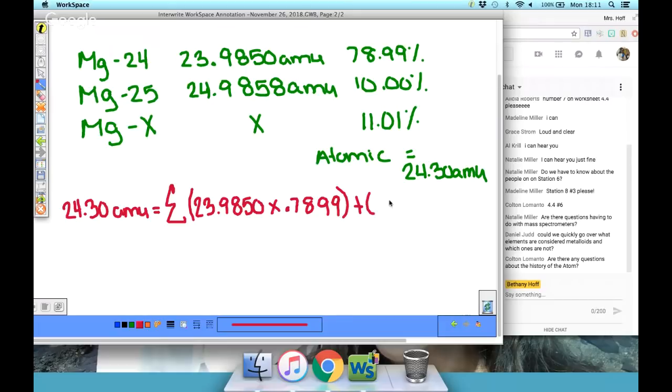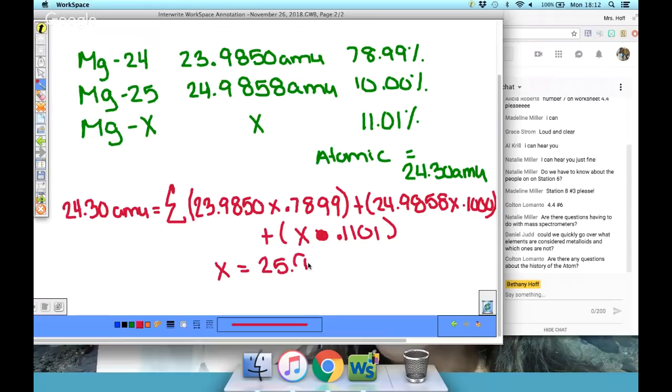We're going to add that to 24.9858 times 0.1000. And then, of course, we're going to add that to our x times, I guess I should do a dot for that one so we don't confuse my x and my times, 0.1101, again, changing that into a decimal. And you want to solve for x. If you solve this out, you end up getting x to be 25.94 AMUs, which means that this is magnesium 24.